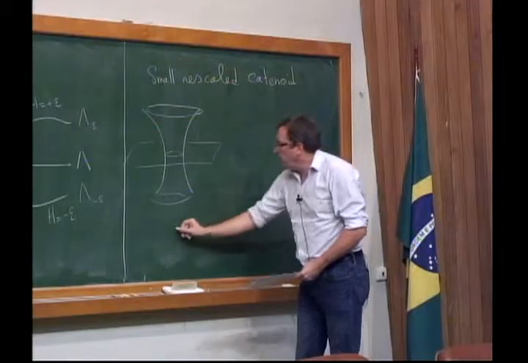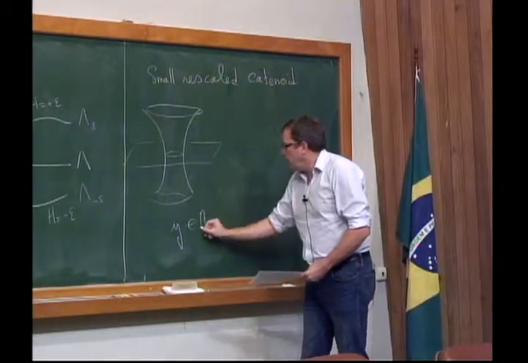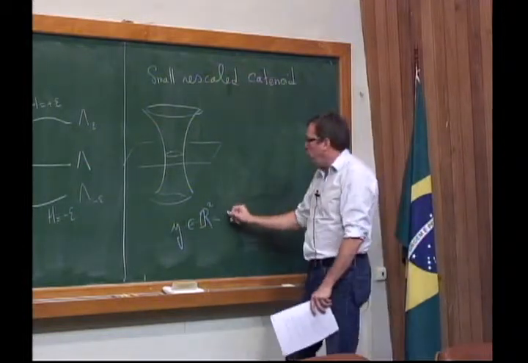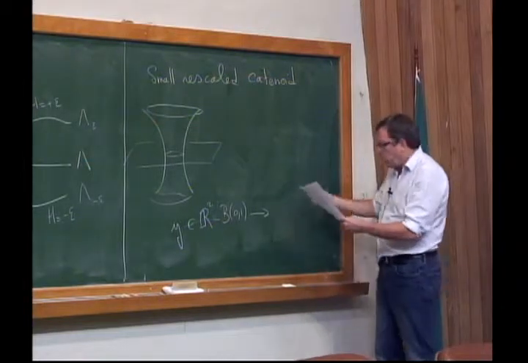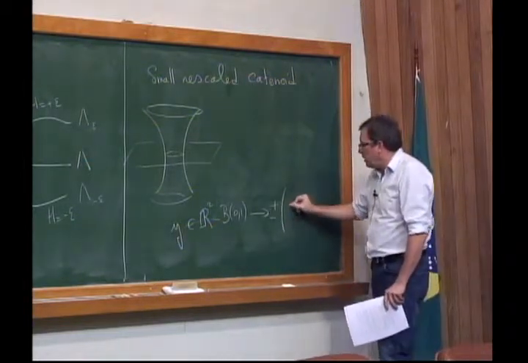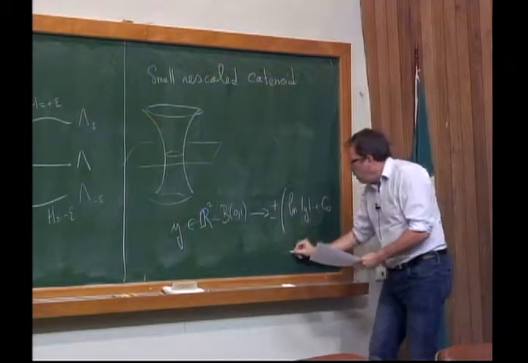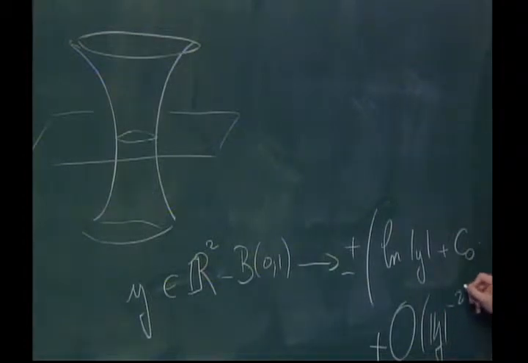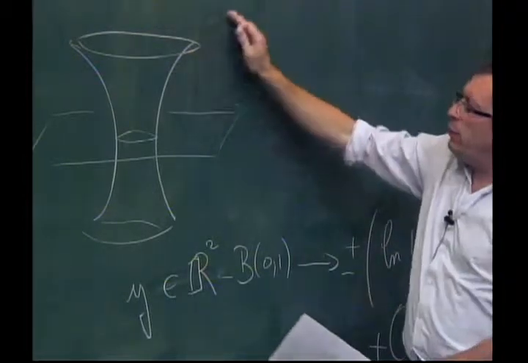These functions are given by this: you take y in R2 minus the unit ball, and you map it to plus or minus log of |y| plus a constant C0 plus something that decays quadratically as y tends to infinity. So this gives you the behavior of the end of the catenoid.